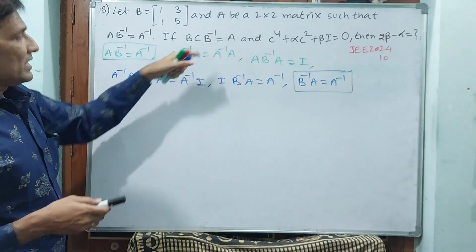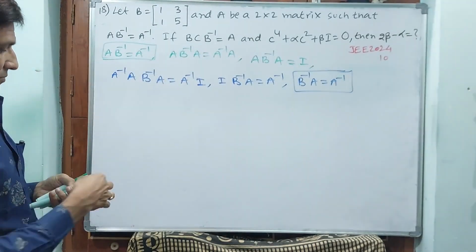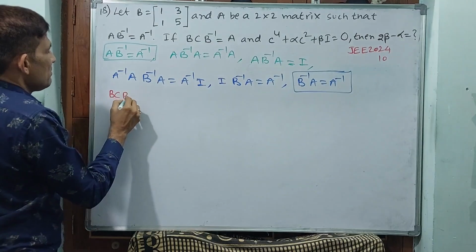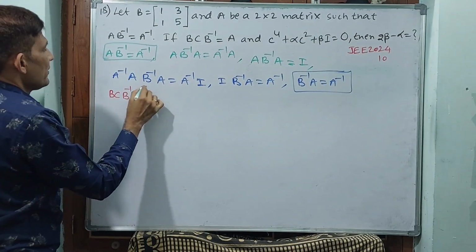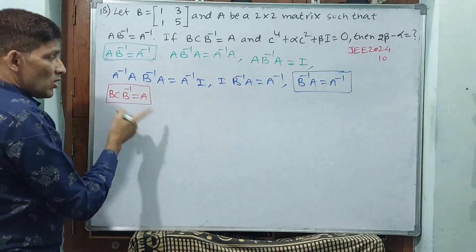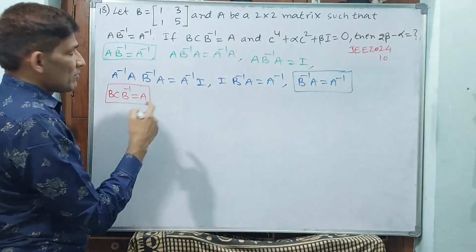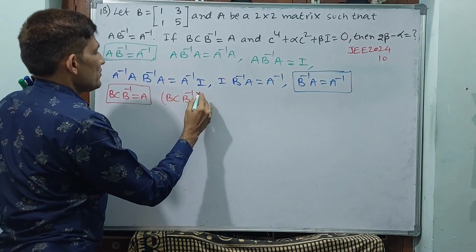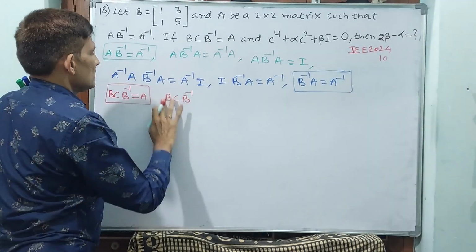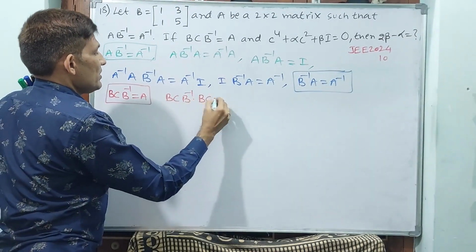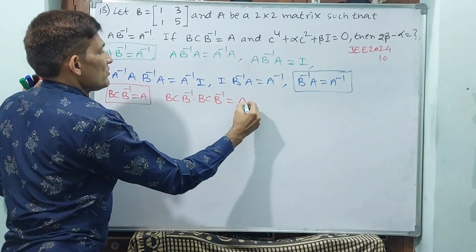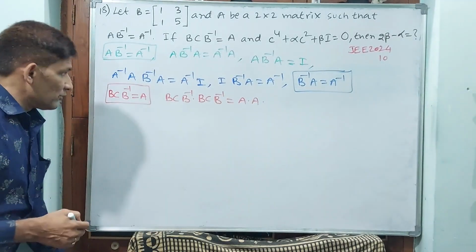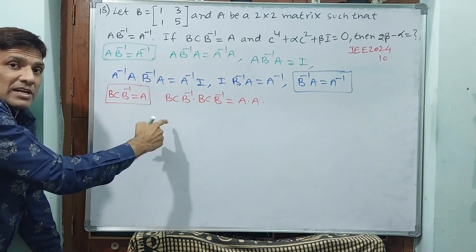Now you go for here. Once again I will write B C B inverse is equal to A. Now I am squaring on both sides. That means B C B inverse into B C B inverse is equal to A into A. Here I have not made square, here I am making square.